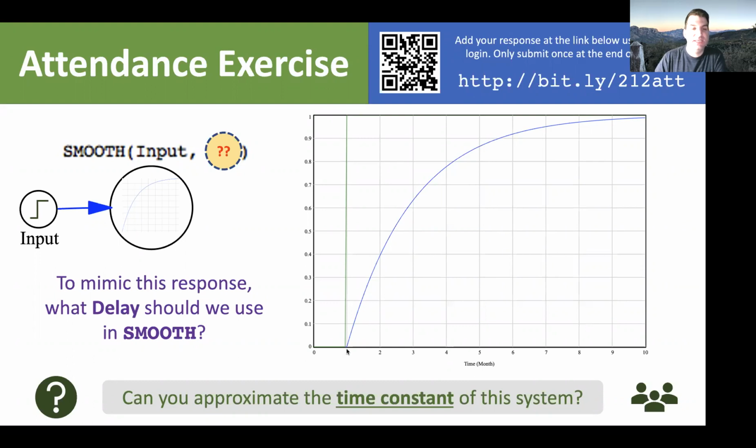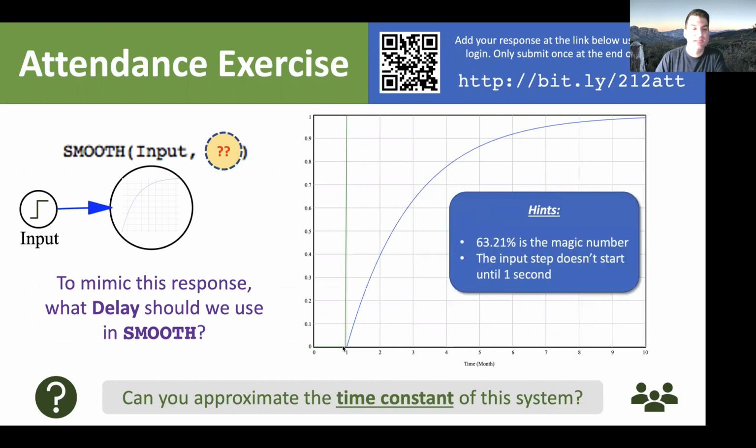You can see that I get a step at time 1. Remember, time 1 is important. You can see that I get a response that is a smoothed out version of the initial input. Remember we've got a magic threshold, and that the initial step happened at 1. With those two things together, you should be able to calculate a delay.